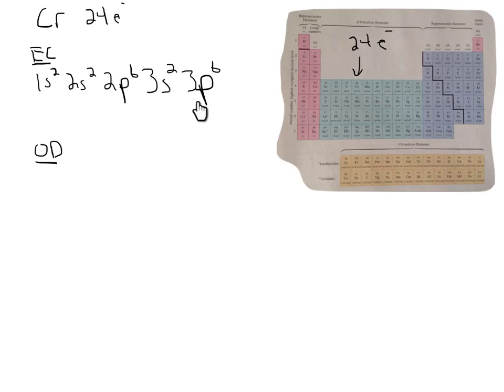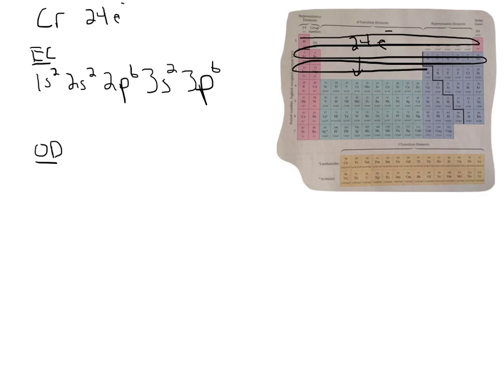So let's go back to the chromium. We're stuck at 3p6. 3p6 means we're in the 3rd row, and we've just added the 18th electron. So what's the next electron going to do? Well, just follow the path of the periodic table. And we're right here.